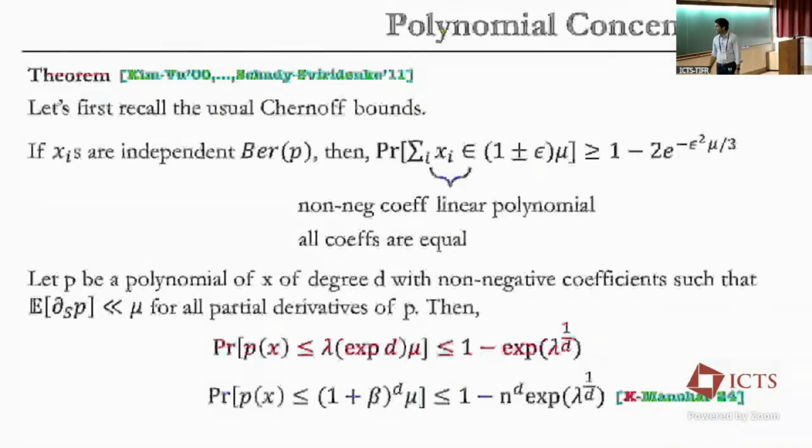I think I just assumed here that beta is 1 over d. Sorry, I just copied it wrong. Let's see.